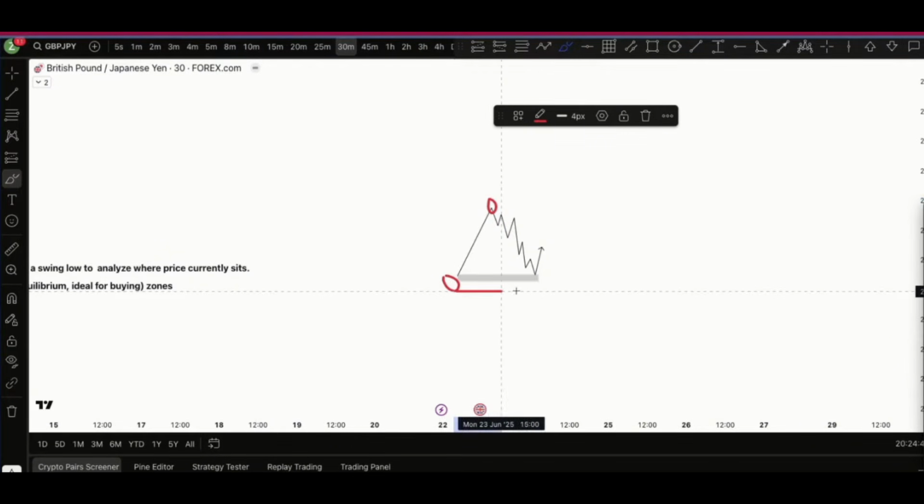So this is a swing low and this is a swing high. But how do we confirm a swing high and a swing low? That is what we are now coming to look at. So we know that within the main trend, we have a substructure.